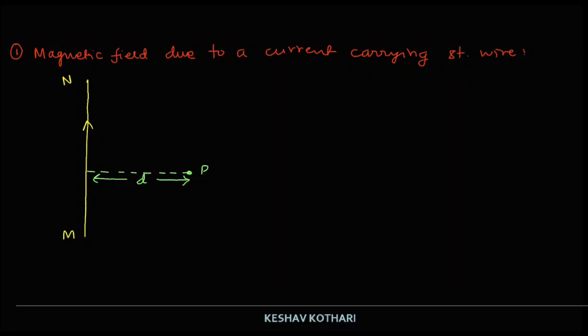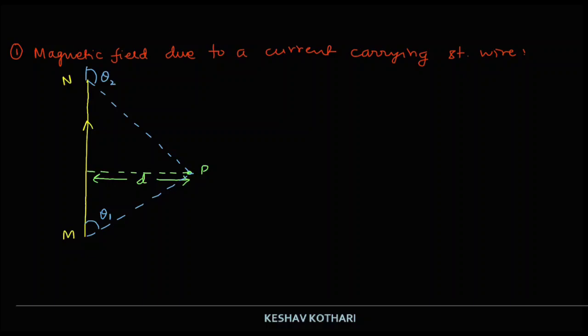P and M, and P and N are joined, and we consider this angle as theta 1 and this angle from the current wire as theta 2.